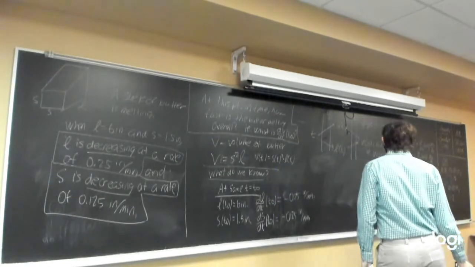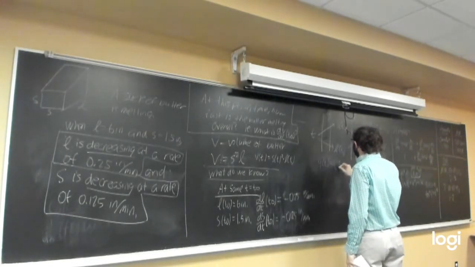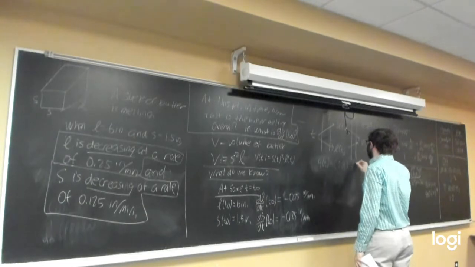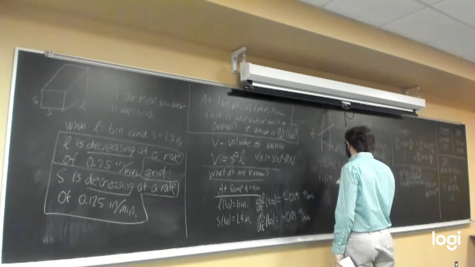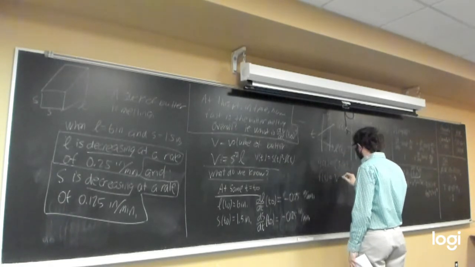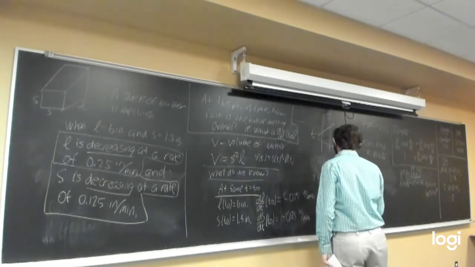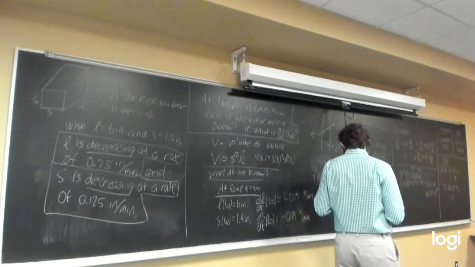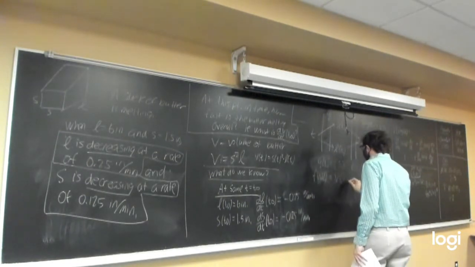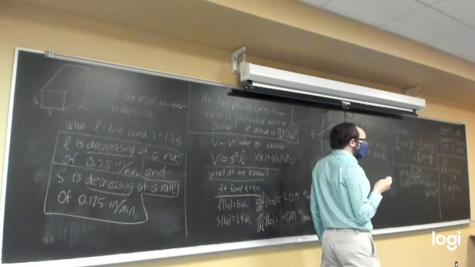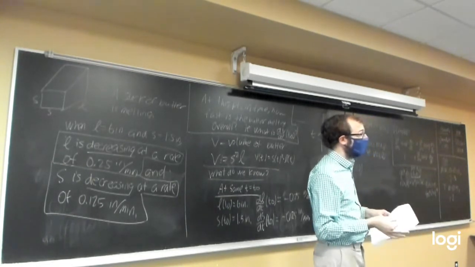And so if we write that out, we get that g of t is equal to s of t, L of t. f of s, L is what we're calling volume, meaning our function f is going to spit out the volume for that given value of s and that given value of L.